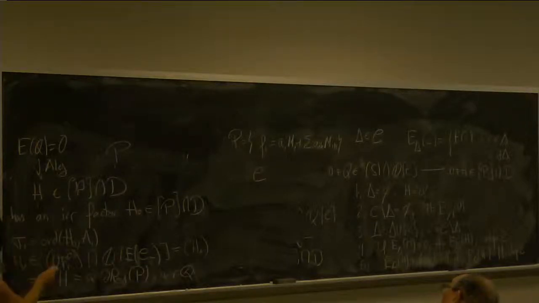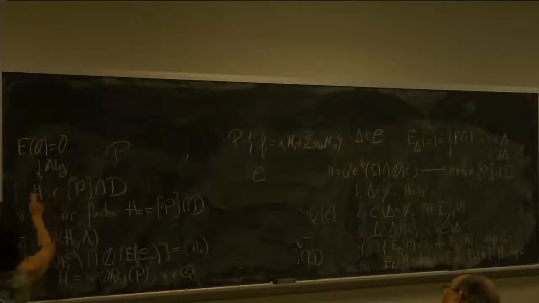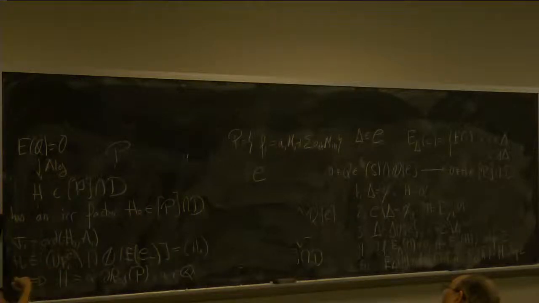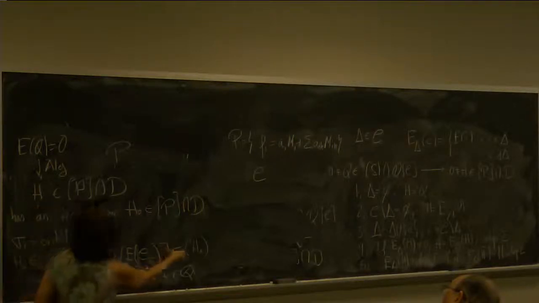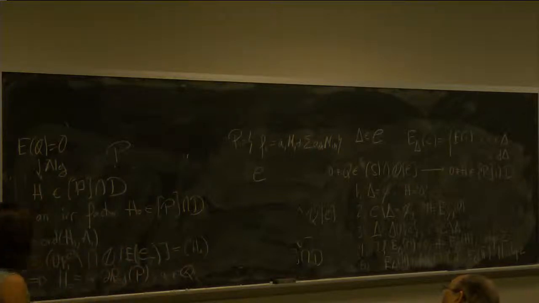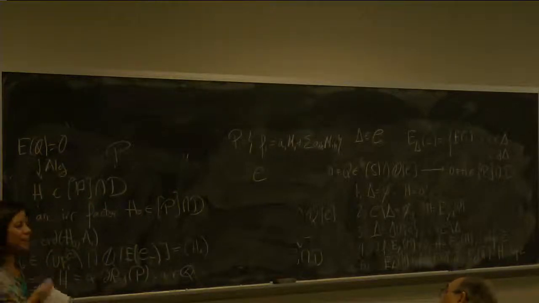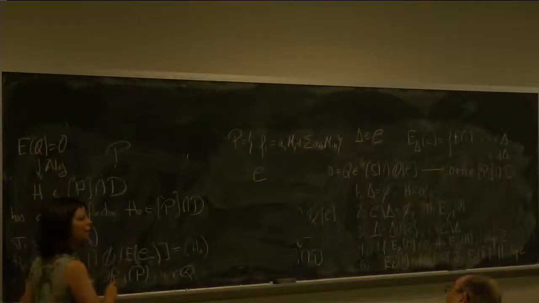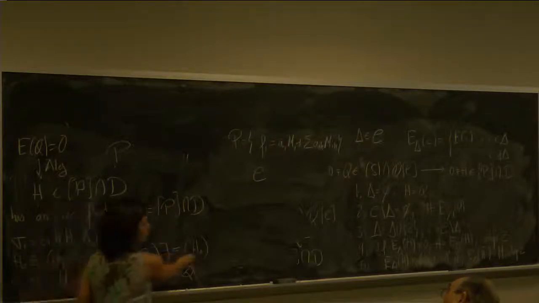So then we can say that the H that we obtain through this specialization algorithm, if it has an irreducible factor verifying this condition, which is, I don't know yet how strong it is, so it would be interesting to see how often we have that, or if something in the process that we are doing is forcing us to this.